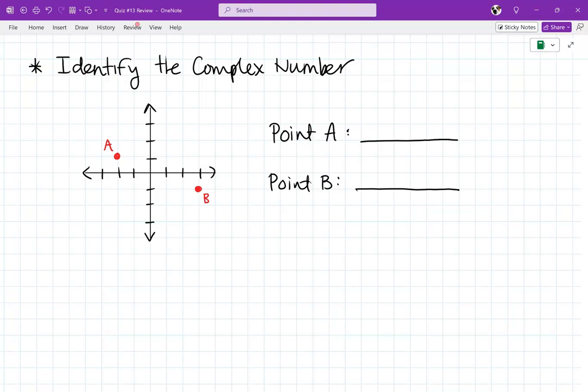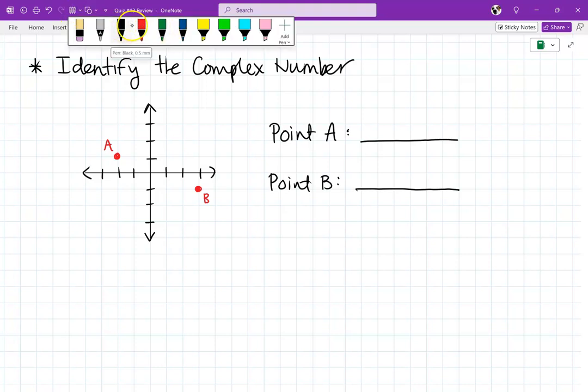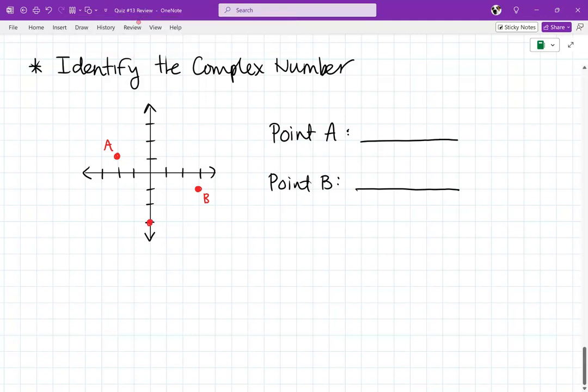You guys have to figure out the coordinates yourself, and then once you know the coordinates, you can write out the complex number. You know what? We could probably even put another one here. Let's do one that looks a little different. Let me put a C down here. Let me put point C.